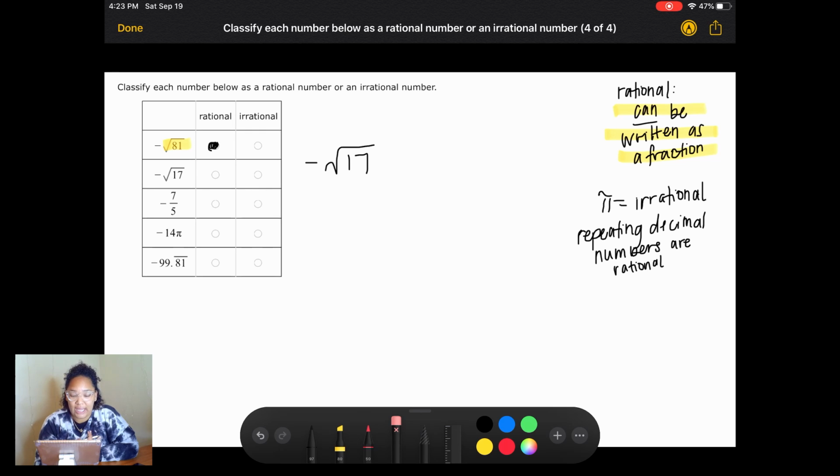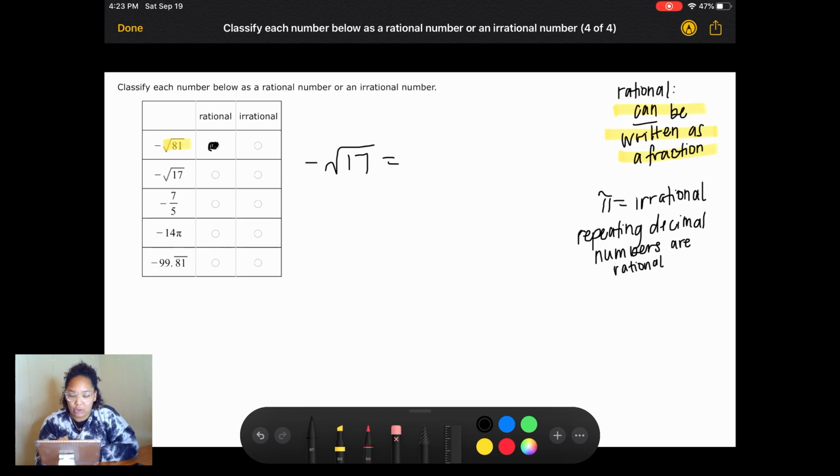So if I look at the square root of 17, I ask, is there a perfect square for that? And I run through it and say, okay, well, 4 times 4 is 16, right? And 5 times 5 is 25. There isn't a whole number whose square is 17. It doesn't work.